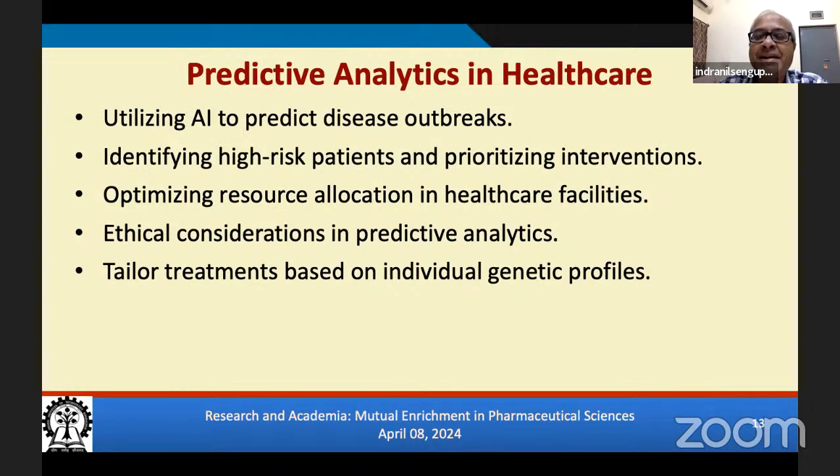That when a disease is likely to become an endemic or a pandemic, disease outbreaks, you get samples from everywhere, get the measurement data from everywhere. Based on that statistical data, the system will try to predict whether there is a chance for disease outbreak.